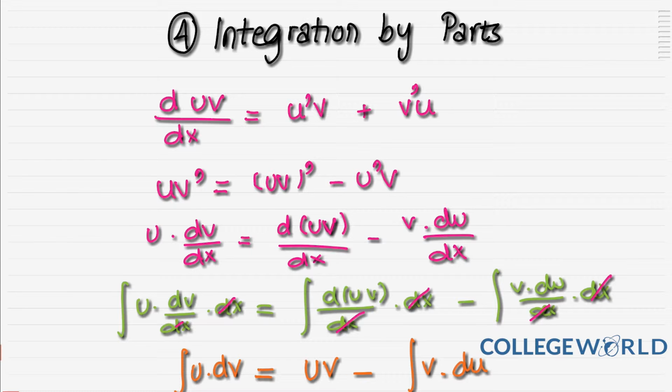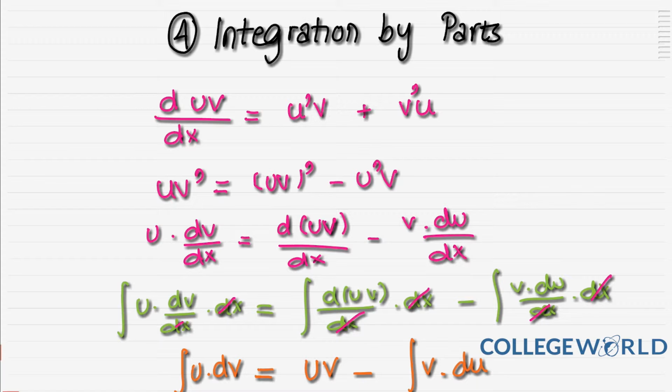Now that you know how integration by parts is the reverse of the product rule, you're probably wondering what integration by parts is. Well, it is a method that we use when we have a product of two expressions, here u and dv.